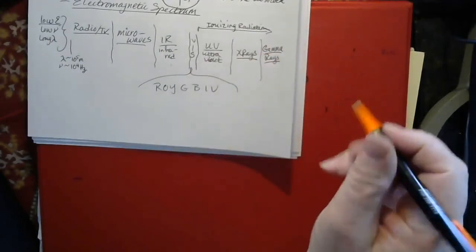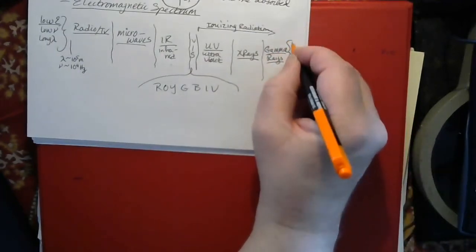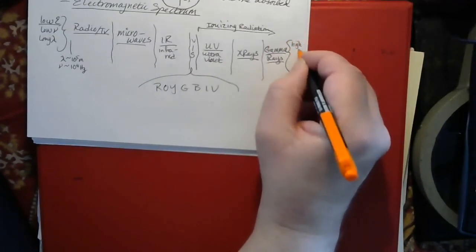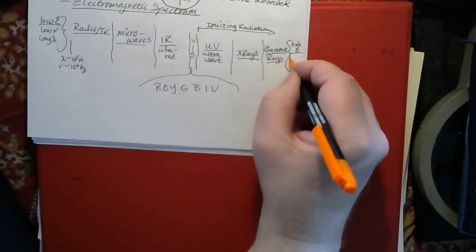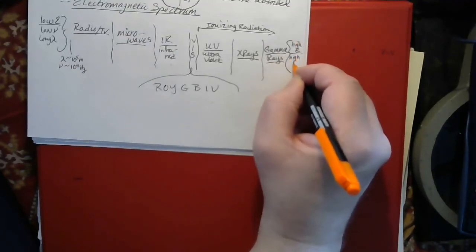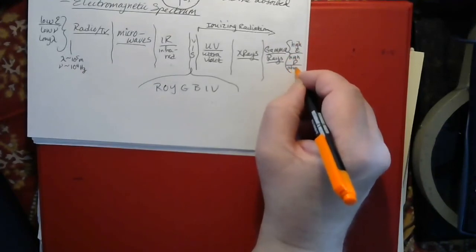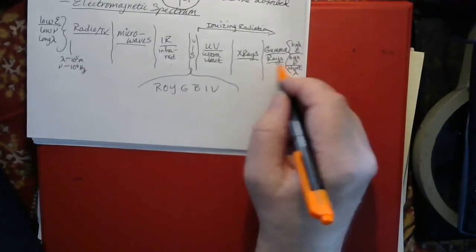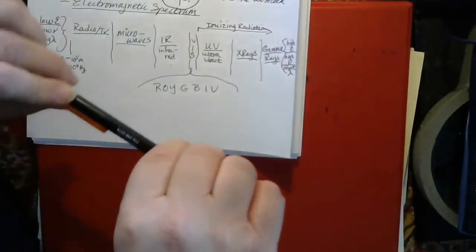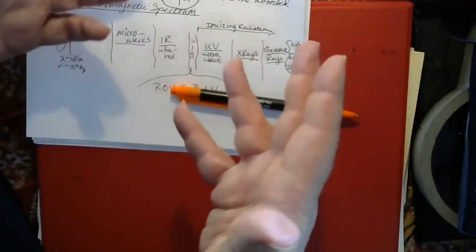And gamma rays are the highest energy electromagnetic radiation. So we've got high energy, high frequency, and short wavelength at this end. Gamma rays are produced by stars, like the sun.